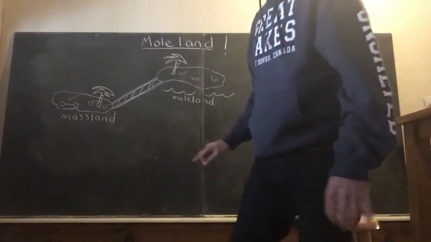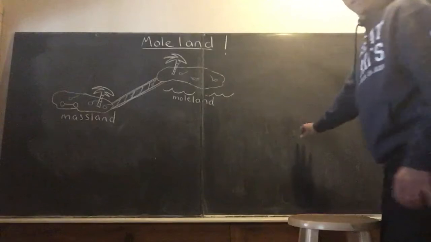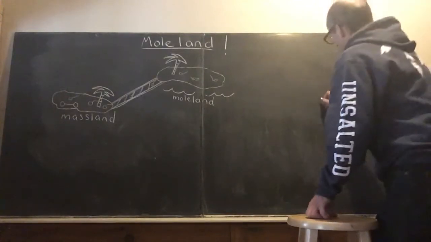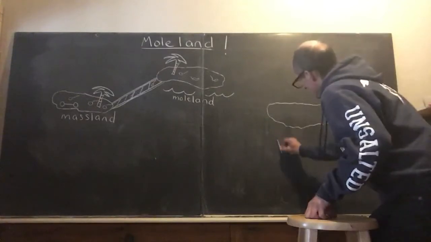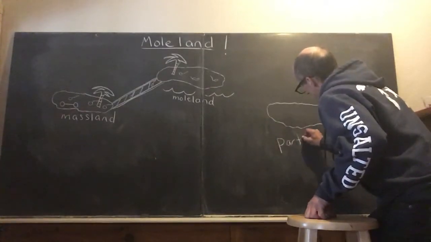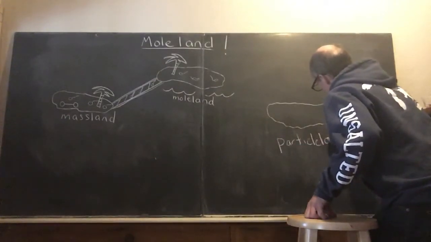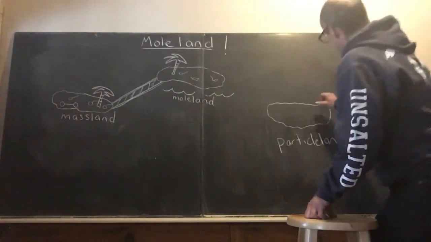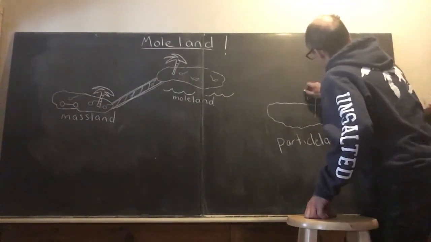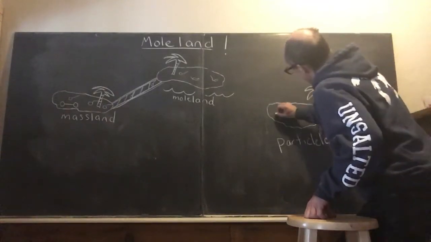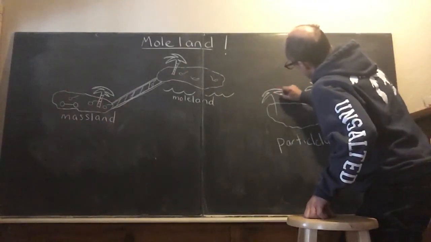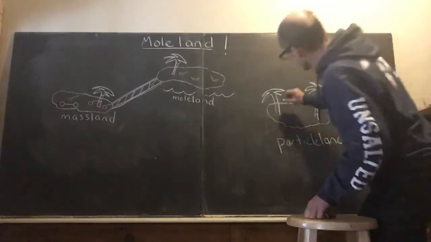The third island that we're going to talk about is over here on the right side, and this is called Particle Land. And again, like the other two islands, quite a nice place. Little palm tree here. Oh, what the heck, let's put 2 on. Let's live large, shall we?